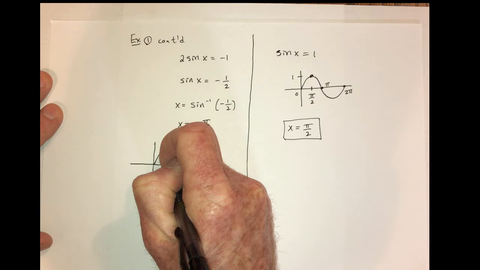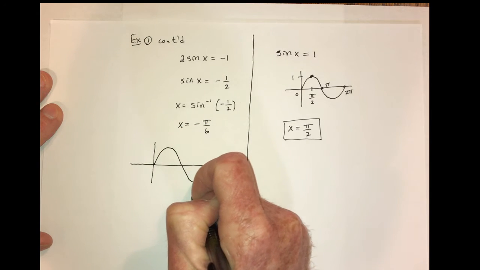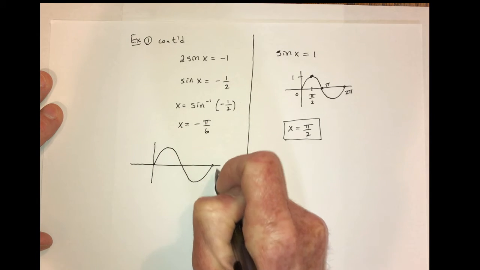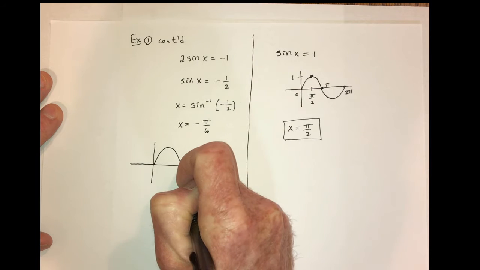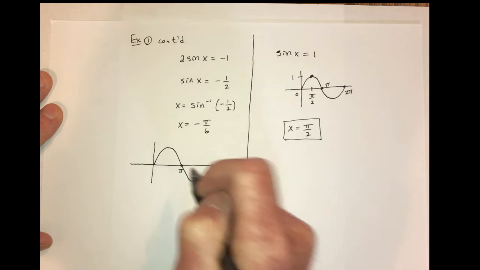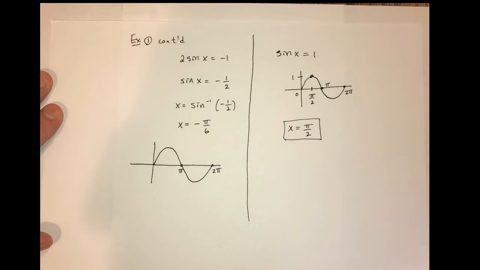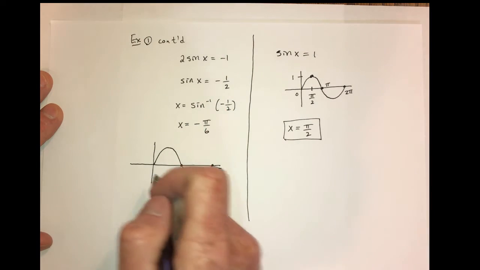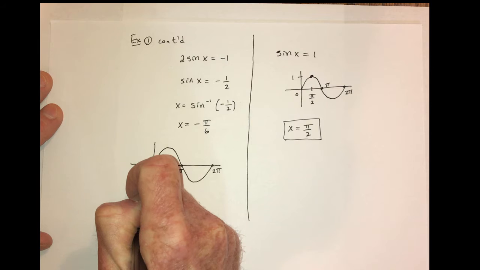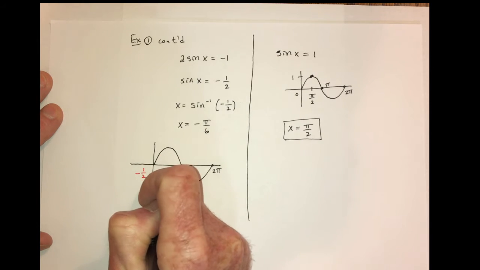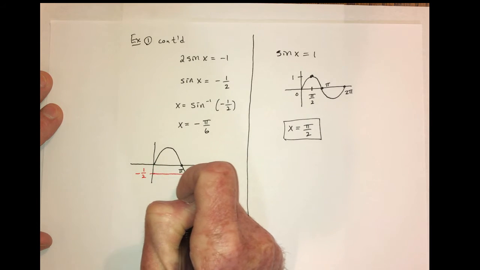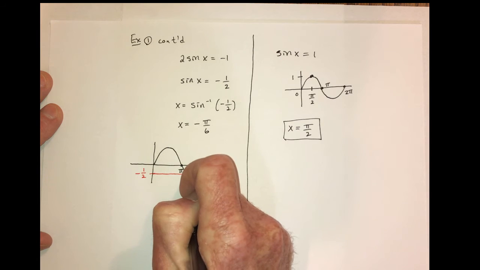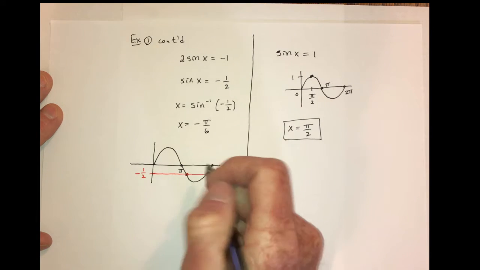So the sine graph goes like this. Right here is 2 pi. In the middle is pi. And then on the y-axis, where is it equal to a negative 1/2? So right here is negative 1/2. And if you go across, there are two positive solutions.